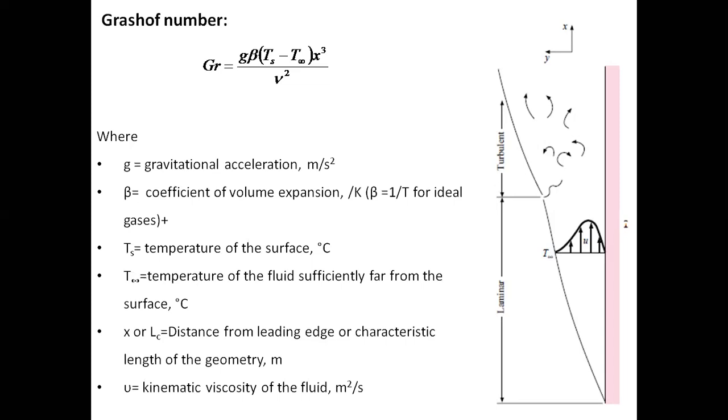The Grashof number is used to classify whether the flow is turbulent or laminar. Okay.